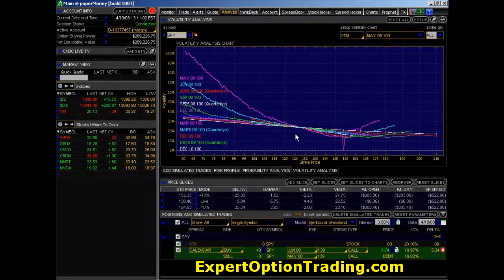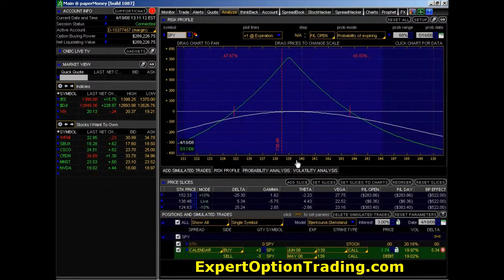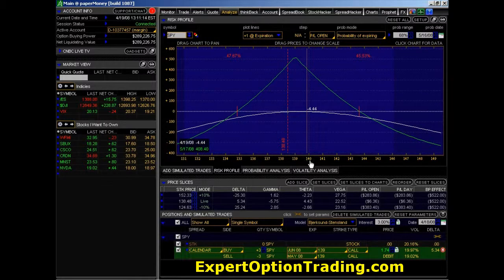You can also take a look at volatility analysis and see if there's any positive or negative skews on the strike prices for each one of the months on the underlying. But normally this is the way I like to trade. I like to take a look at the expiration date, profit and loss graph, our current graph, and where the price fits into my calendar or double calendar. And let's see what else we got.